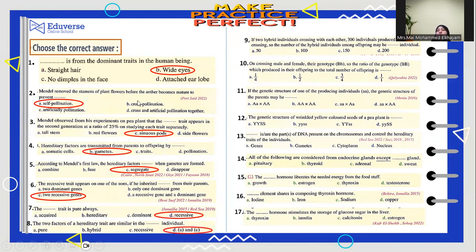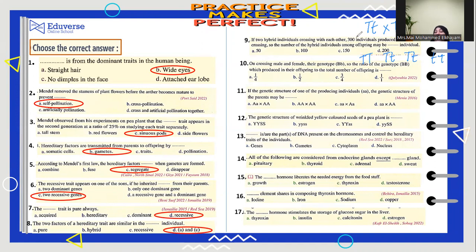If 2 hybrid individuals are crossed with each other, 300 individuals are produced due to this crossing. So the number of the hybrid individuals among offspring may be, okay, if I have T capital T small with T capital T small, I have T capital T capital, T capital T small, T capital T small, T small T small. These are the offspring.